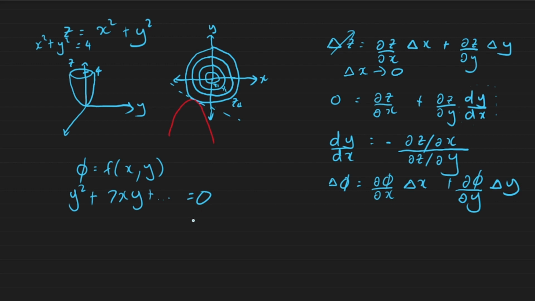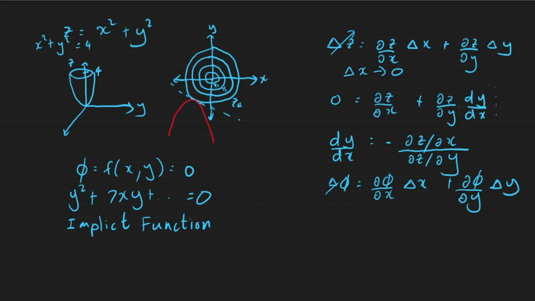Please look at the video on implicit functions if you're not sure what I'm talking about. Since phi is equal to 0, just as z was a constant, the differential is 0.